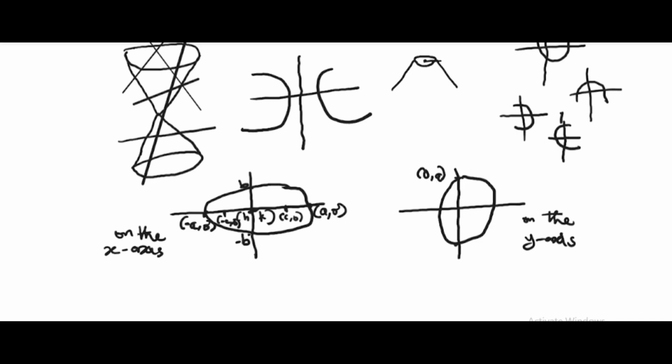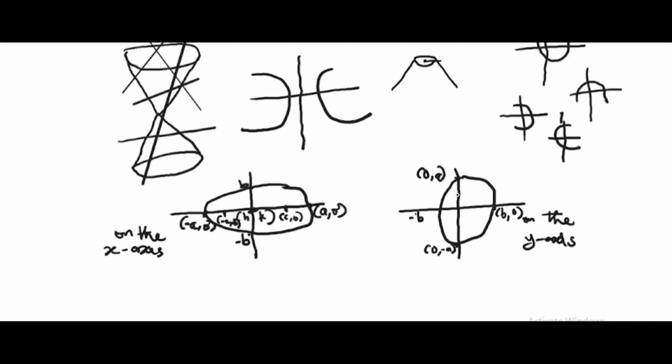And then here we'll have our 0 comma minus A, and then here B comma 0, and then here minus B comma 0.